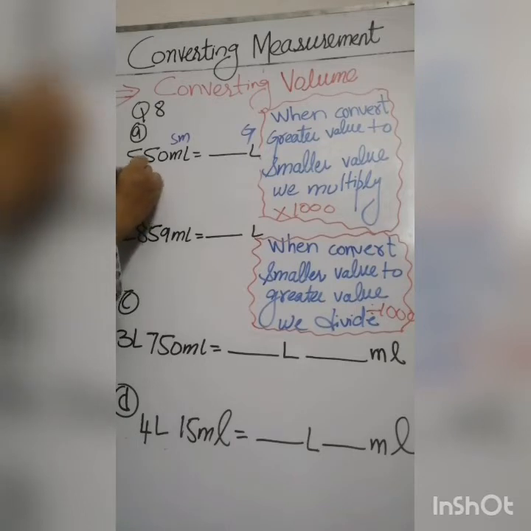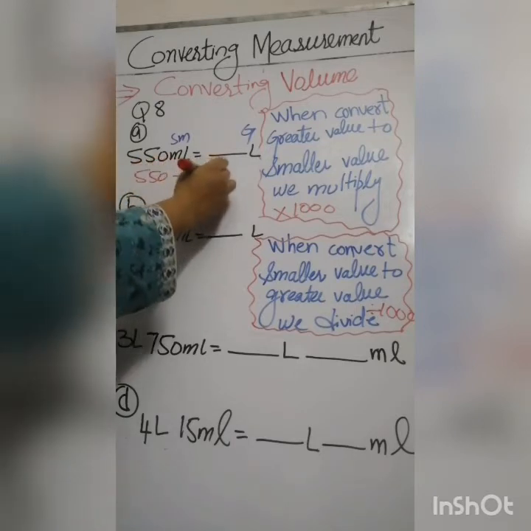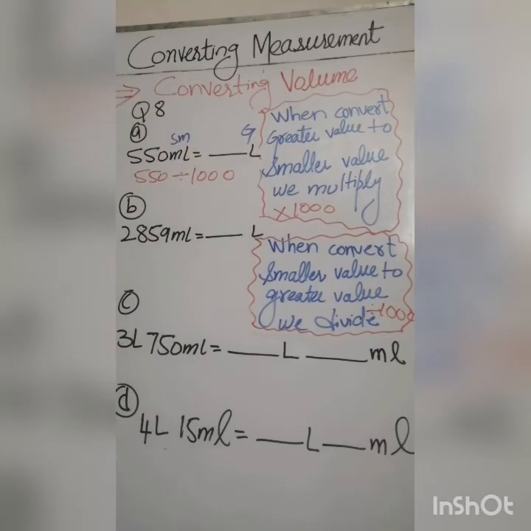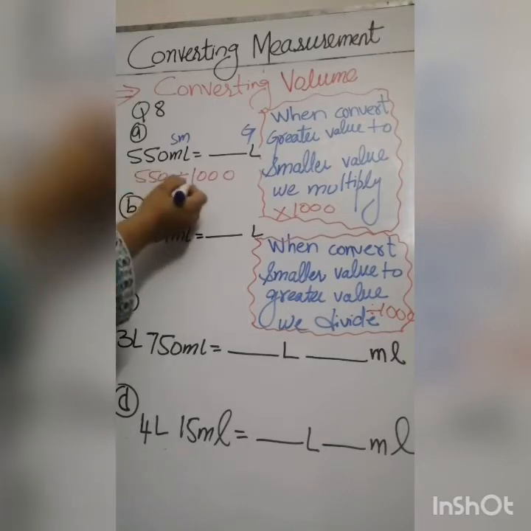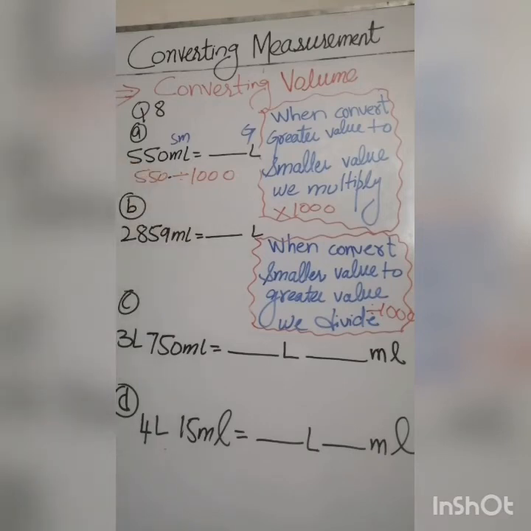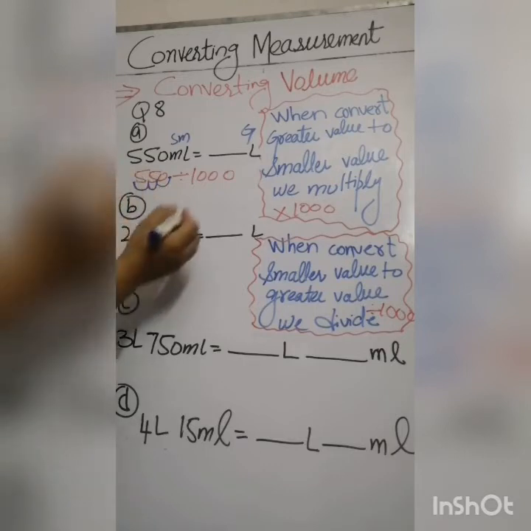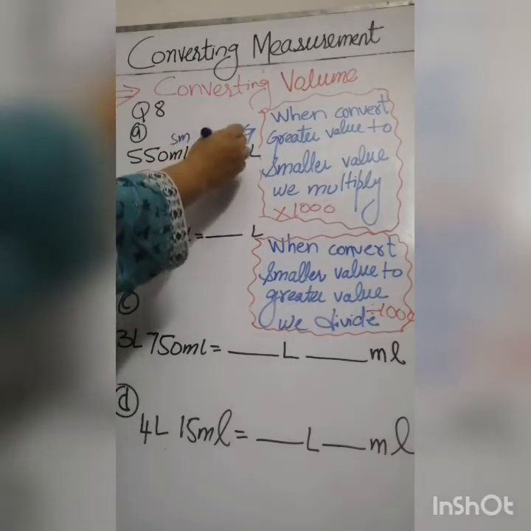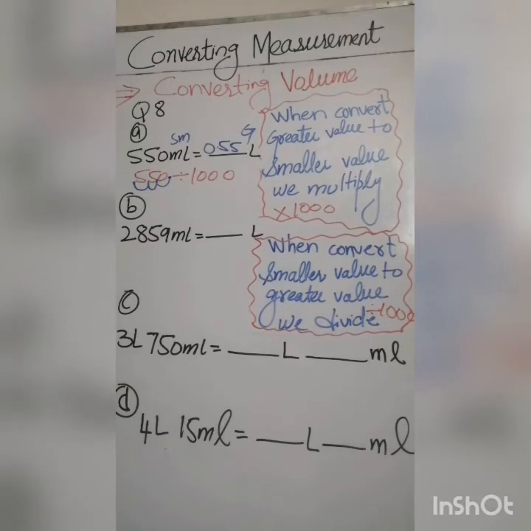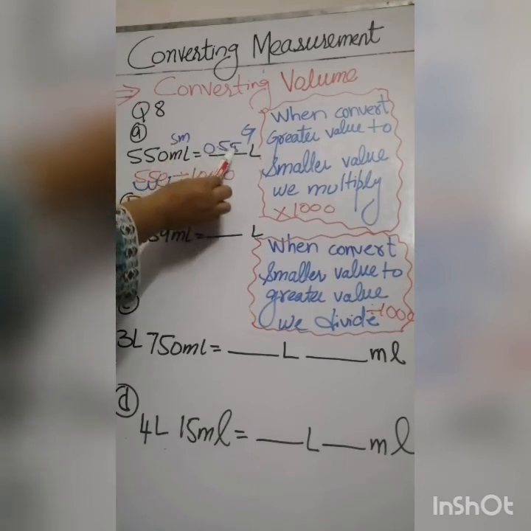So 550 when divided by 1000, we get 0.55. How do we get 0.55? Let's suppose we have a decimal point at the end. When we divide this number by 1000, the decimal point moves 3 places back. 1, 2, 3. So 0.55 is the answer, and 550 ml is equal to 0.55 liters.